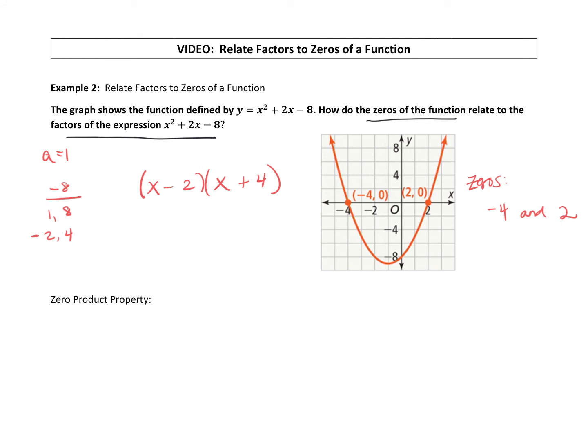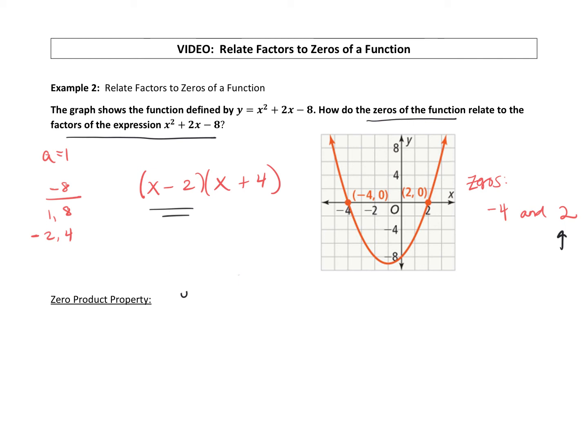And if we plug these values in for those x's, let's say this one, x minus 2, if I plug in the 2 for the x, 2 minus 2 is 0, and 0 times whatever else, let's say this x plus 4, gives us 0. We found the value that gets us a 0 of our function. Our function is equal to 0 when we do that.